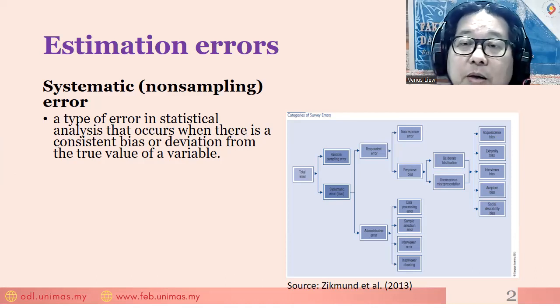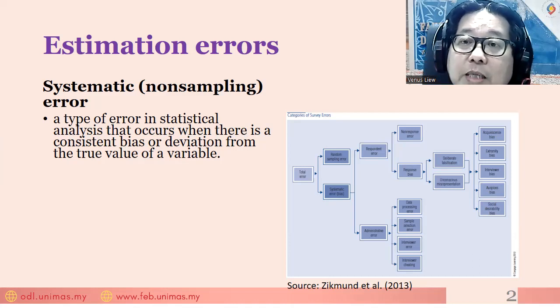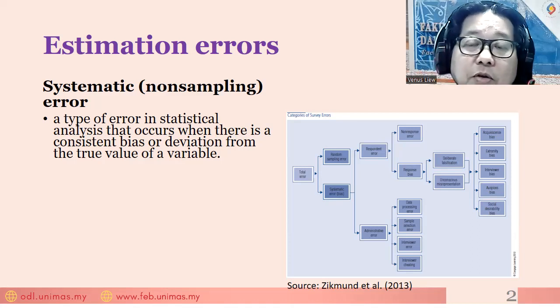For example, if the population average household expenditure is $5,000 US, and the estimation from the sample is $4,500, therefore there is a deviation of $500. That is an estimation error.